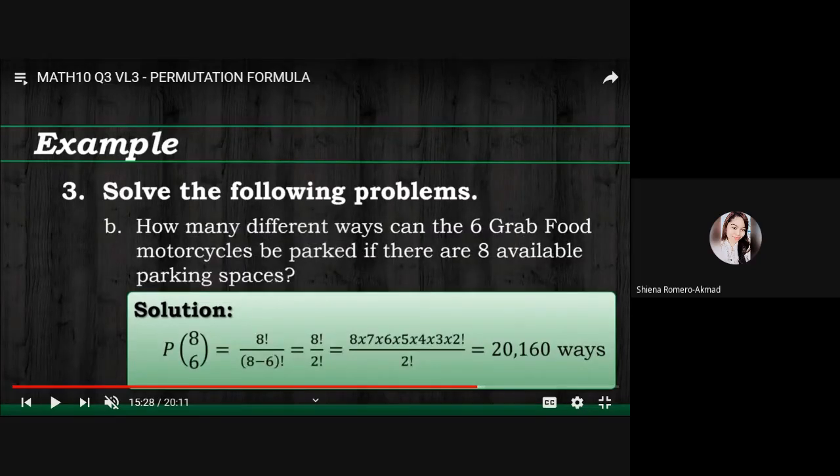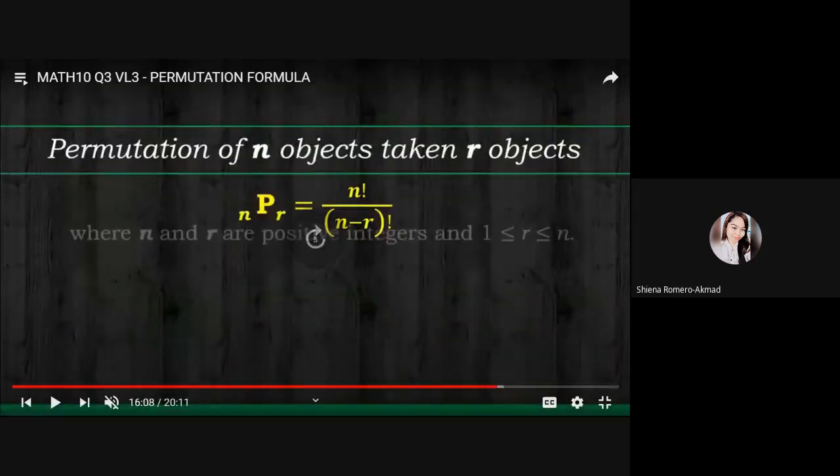Letter B, there are 8 available parking spaces, pero ang gagamit ay 6, meaning 8 objects taken 6 at a time. So you'll have 8 factorial divided by 2 factorial, and it will give us the answer of 20,160. At yun lang ata yung given example.